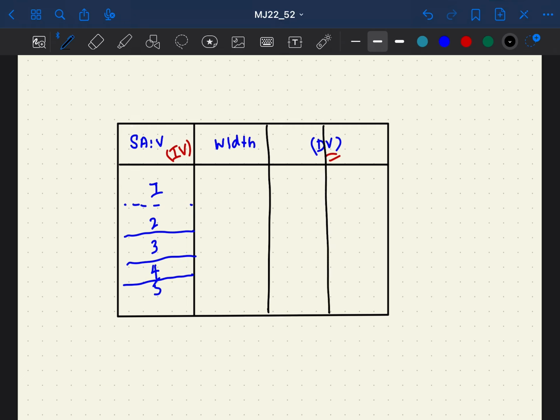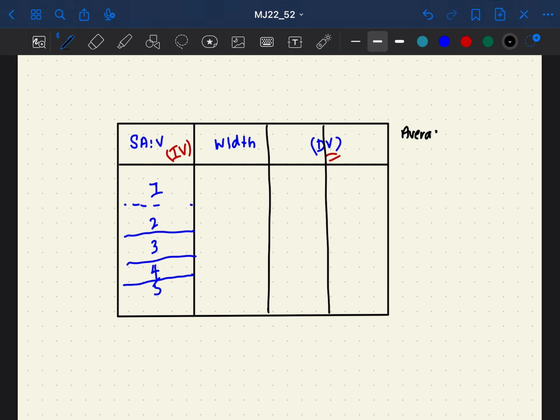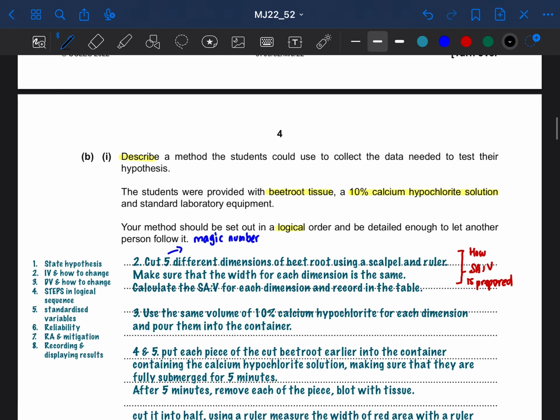The minimum number of repeats, if you have time, would be 3: repeat 1, 2, 3. And of course, you're going to have to prepare another column where you calculate the average, or the mean. So just add another column there. I know that's a very rough table, but you get the idea. All right, so going back to the question, moving on.